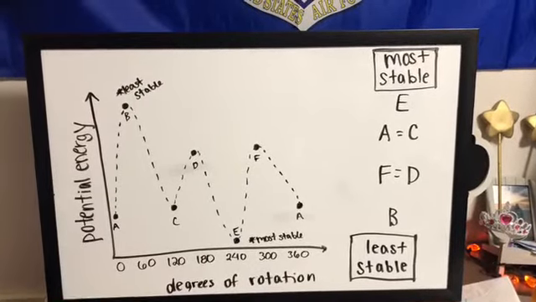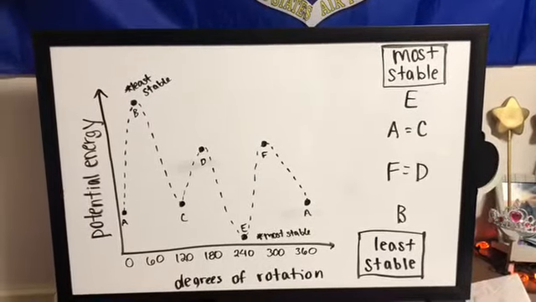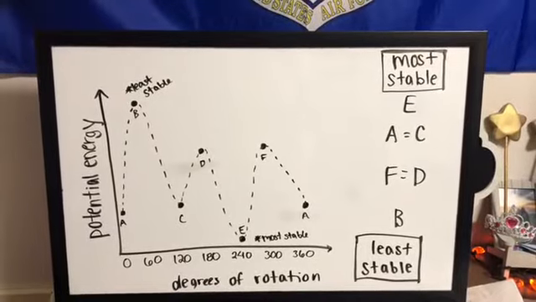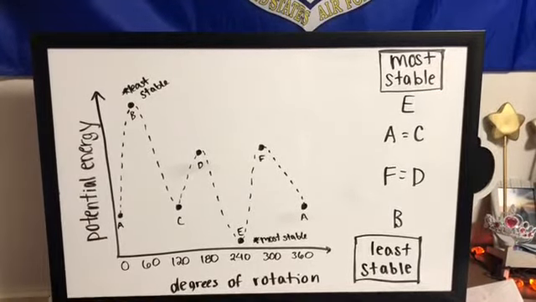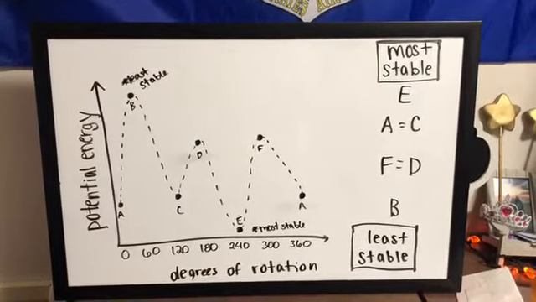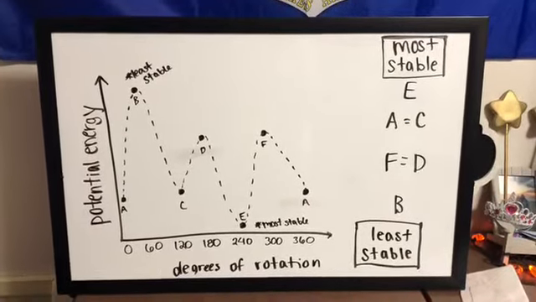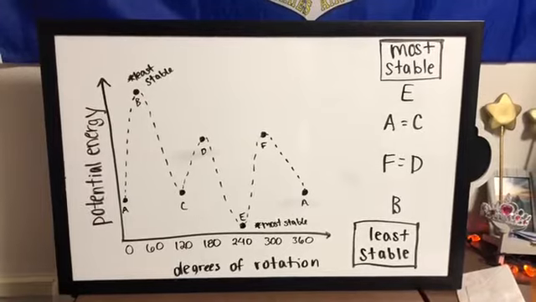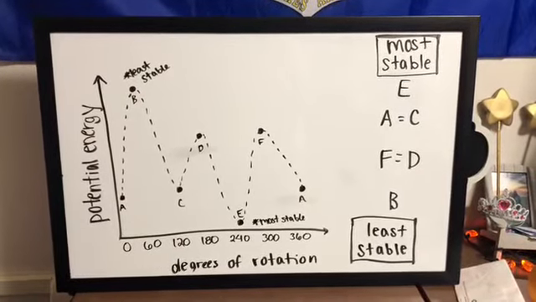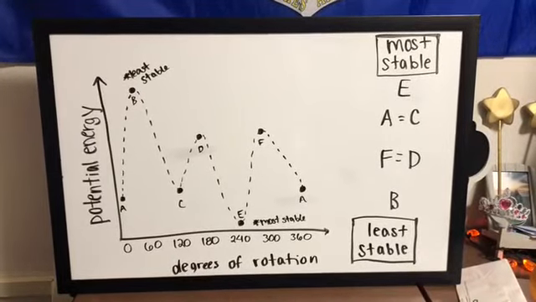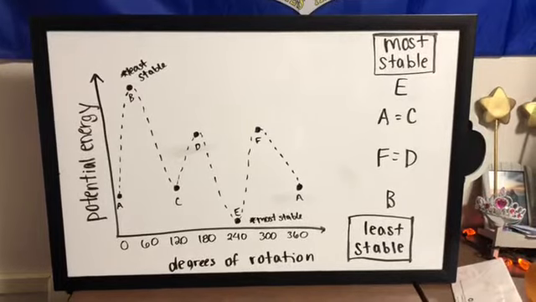If you look at 0 degrees and 360 degrees under the degrees of rotation, you can see that those are the same one. That's because we've made one full circle around our Newman projection, so it's back to the start. This potential energy chart will just repeat after that. And then D and F are equal, and they are second to least stable, so they're lower than B but higher than the rest of them.